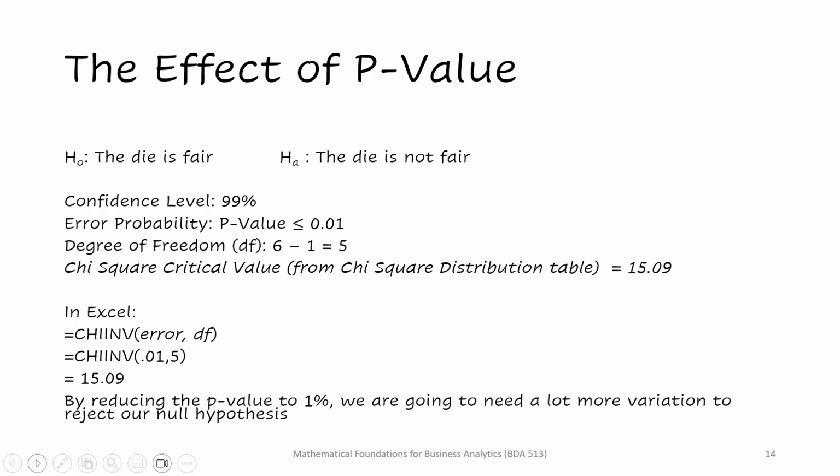Can you find from the chi-square distribution table? It's 15.09. Look at the table and see whether you'll be able to read it and get 15.09. If you don't understand it, then I'll go to the table and explain. So go to the table and see if you can easily do that.